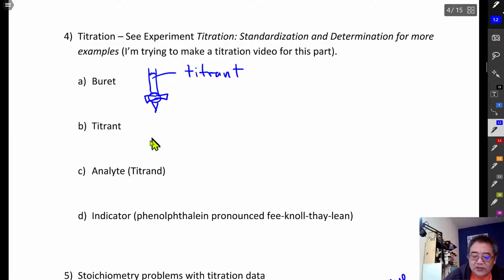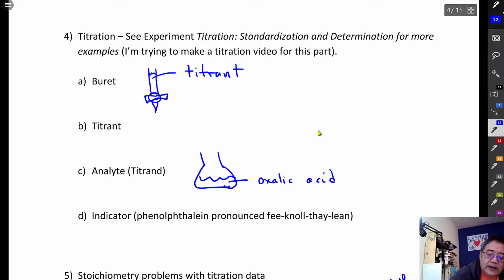This is the term titration. The analyte, or the titrand, is what was in the Erlenmeyer flask. Now, this in our case was oxalic acid, and this is sodium hydroxide.